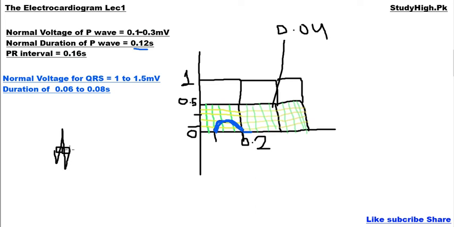When you draw the QRS complex, the normal range of its duration is 0.06 to 0.08 second.